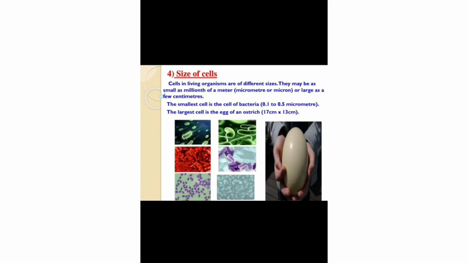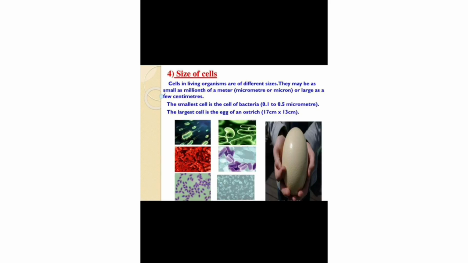Now, we will read about the size of cells. Cells in living organisms are of different sizes. They may be as small as a millionth of a meter or as large as a few centimeters. The smallest cell is the cell of bacteria, which ranges between 0.1 to 0.5 micrometer.